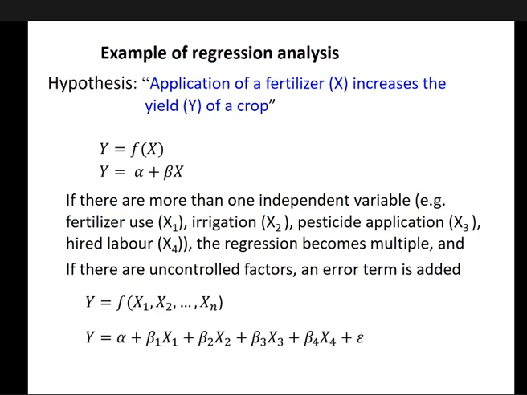So that is how the hypothesis was stated, and you want to test it.